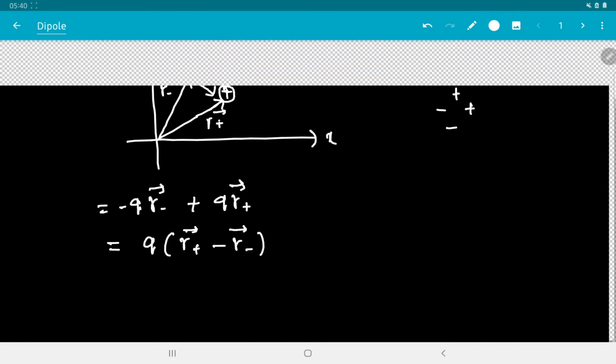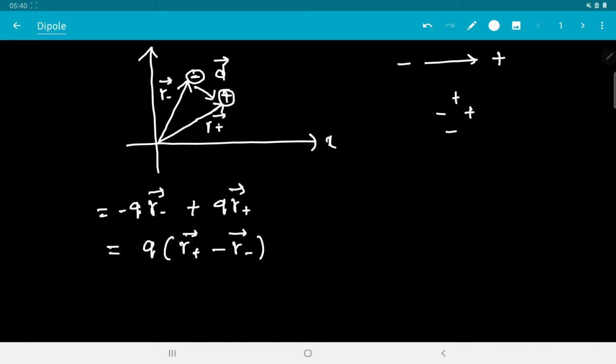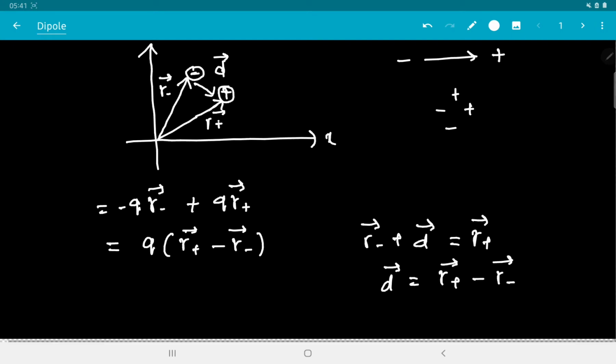Now see, r minus plus this d vector is equal to r plus vector. So this d vector is nothing but r plus vector minus r minus vector.